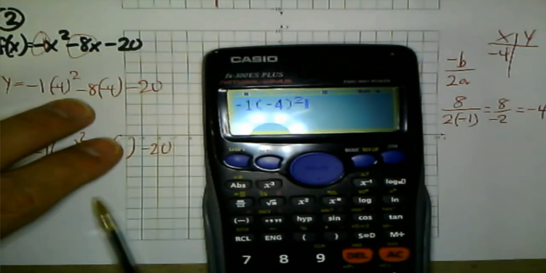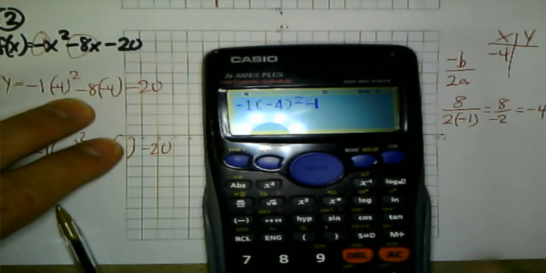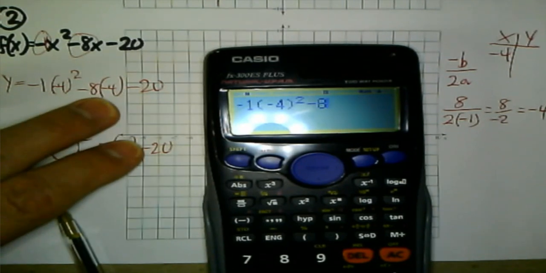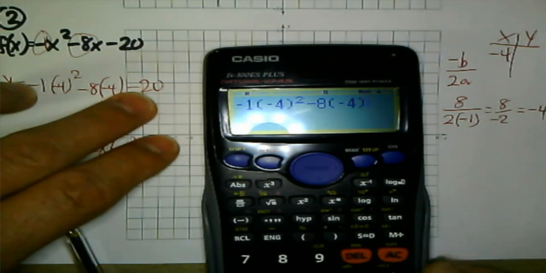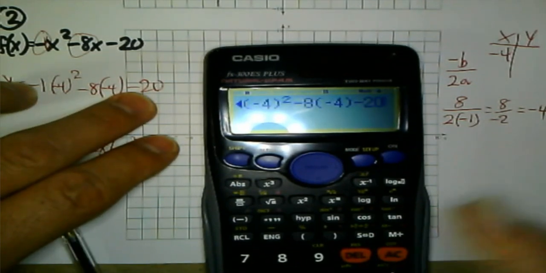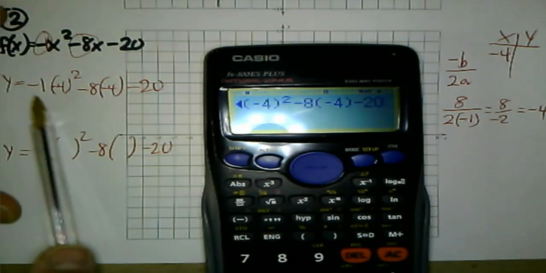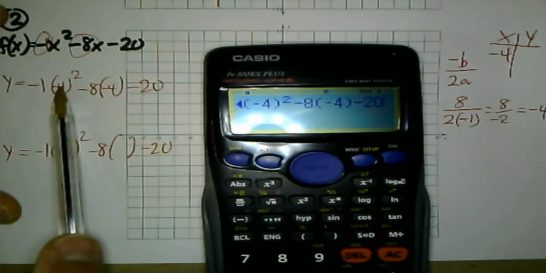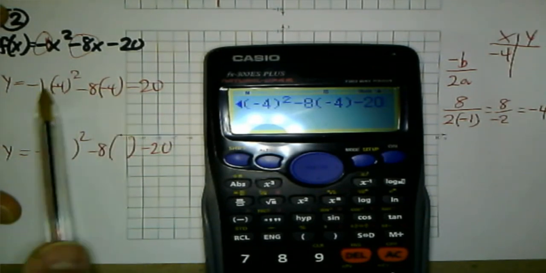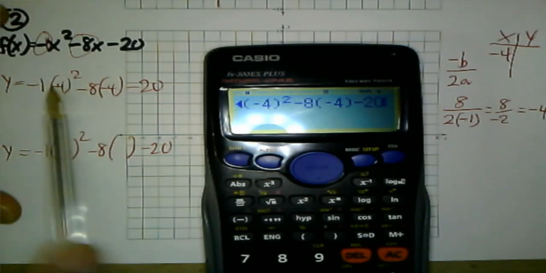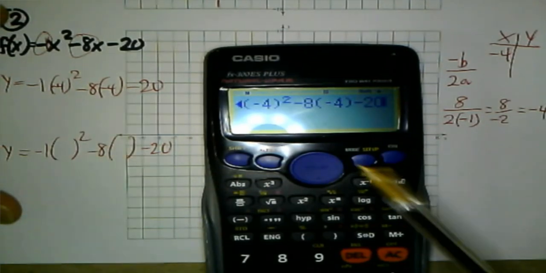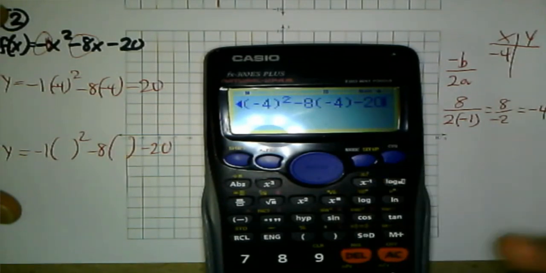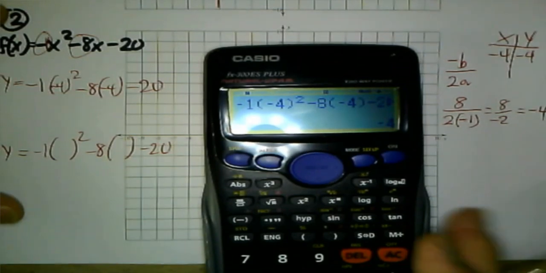Want to make sure that you square it. You're going to put -8, parenthesis, that is a -4 on the inside. And -20. Make sure that you understand that's a negative because it's in the front. Anything in the parentheses would be a negative. But when we're in the middle of an operation, those are minuses. You do need to distinguish that in there, otherwise it's not going to come out correctly. Hit your equals, and it's -4.